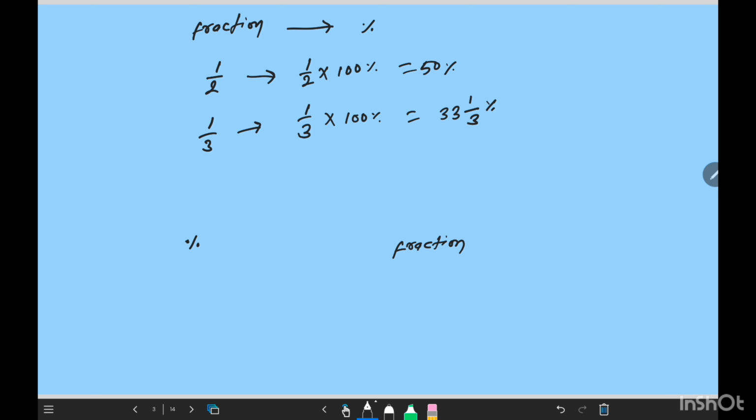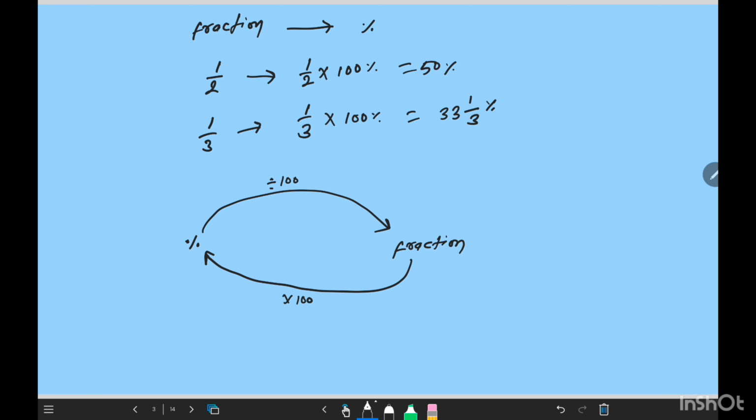If we want to go from percentage to fraction, or if we want to come from fraction to percentage, what can we do? We will divide by 100 here, and here we will multiply by 100. Understood? Right. So this is how we are going to convert some fraction into the form of percentage.